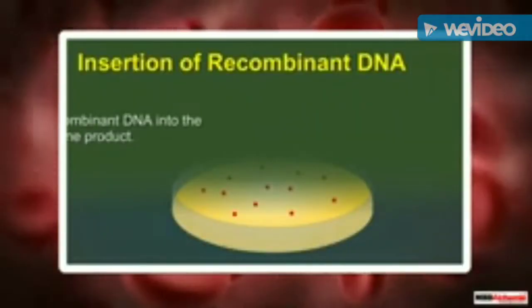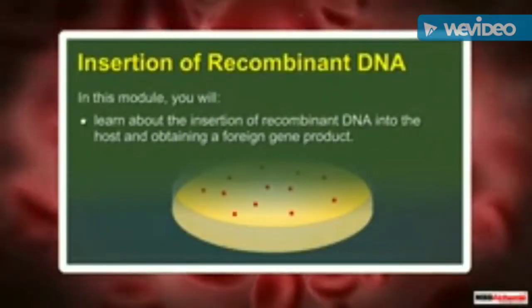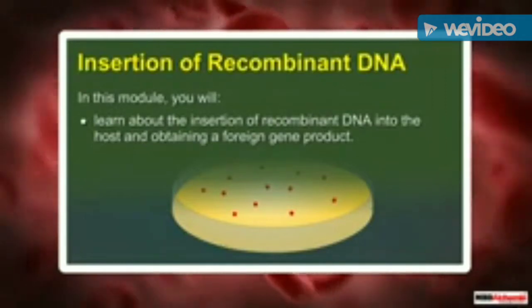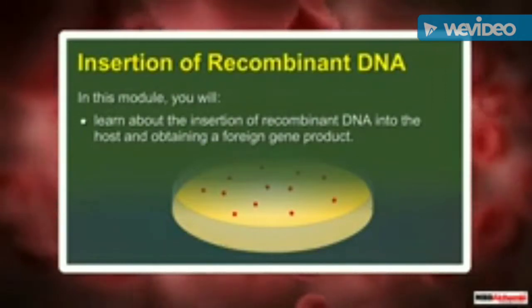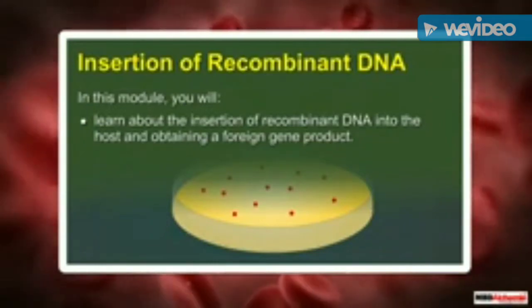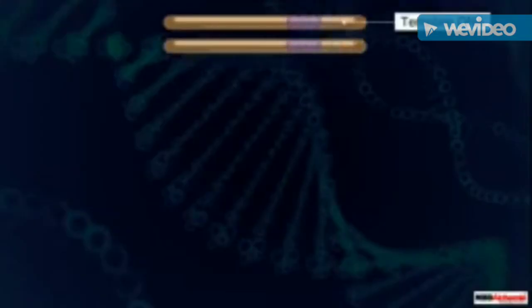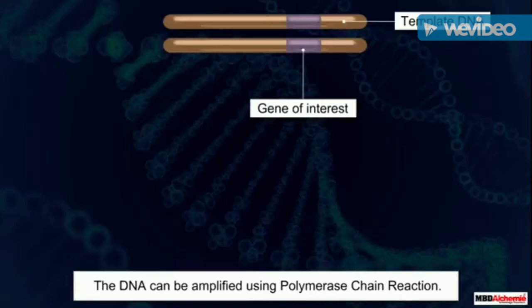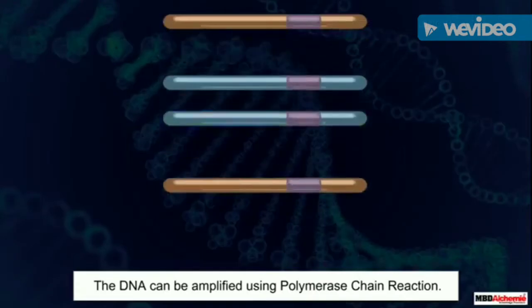Recombinant DNA. In this module, you will learn about the insertion of recombinant DNA into the host and obtaining a foreign gene product. We have already learned how the gene of interest can be amplified using polymerase chain reaction.